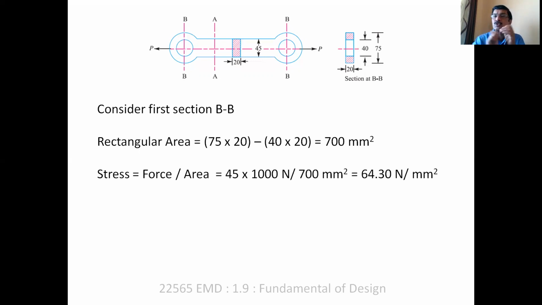Stress value becomes 64.3 Newton per mm square. So that means if the area gets reduced, obviously the stress becomes higher. So that is the main thing that we have also studied here. So this completes our first problem based on tensile type of stresses.